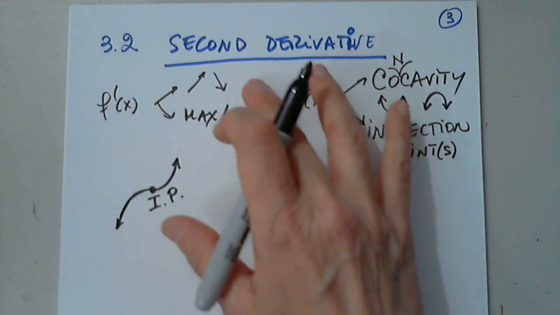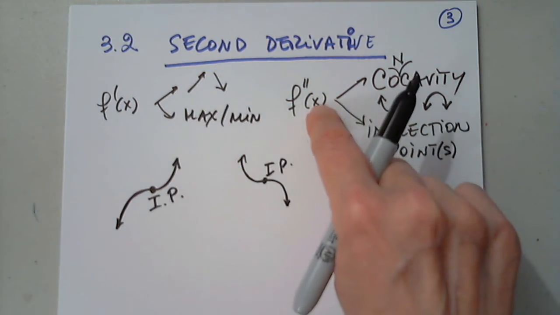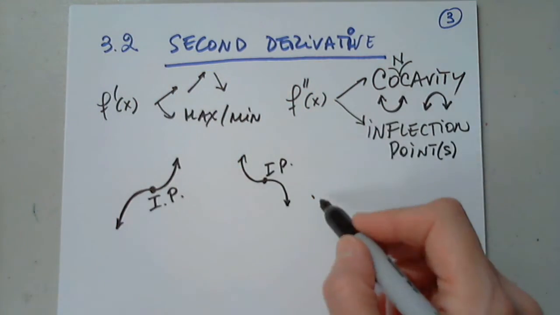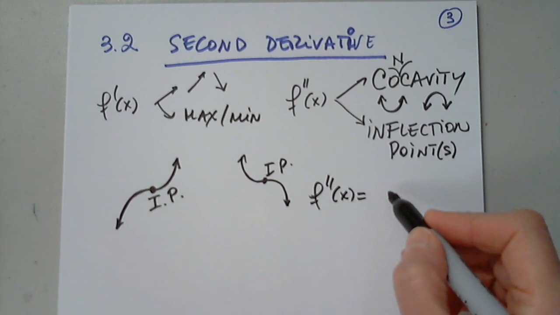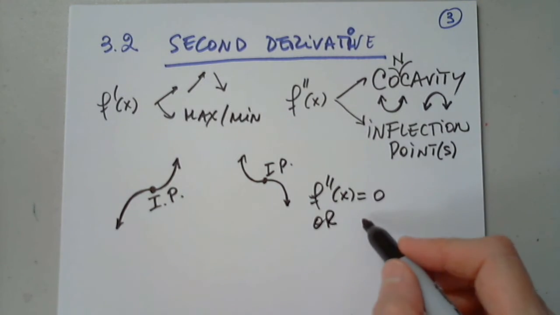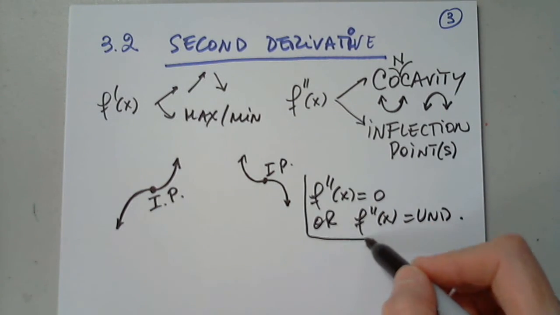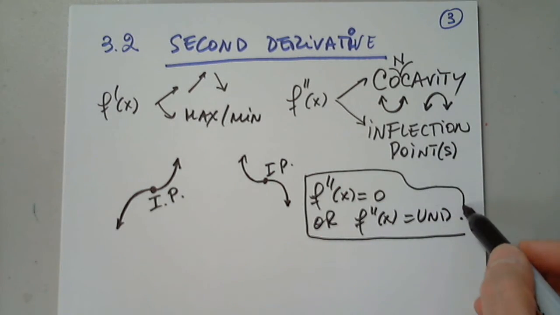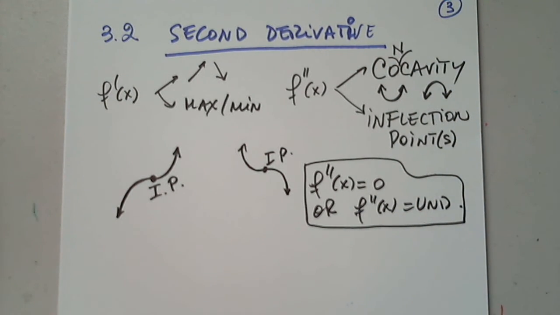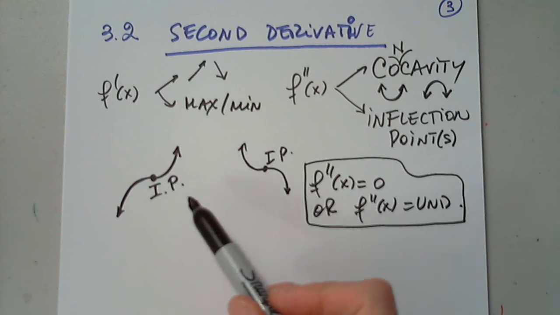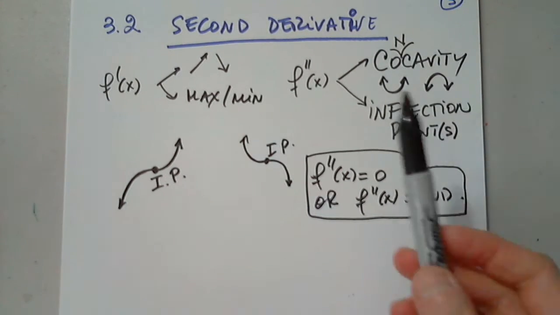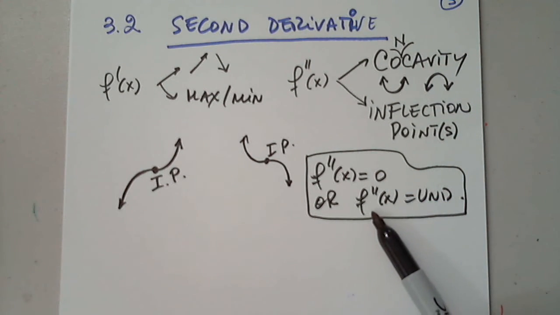Same with the first derivative. The second derivative has to be 0 or the second derivative undefined at these points. Exactly what we did with the critical numbers, but we are talking about something else now. They're not critical numbers. They are inflection points. And of course, the second derivative has to change sign.